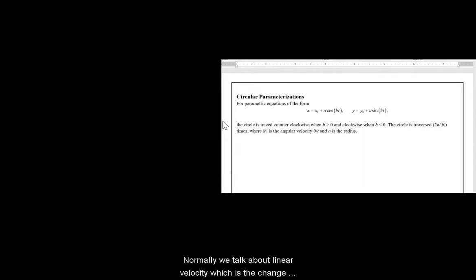Normally, we talk about linear velocity, which is the change of position with respect to time. But when you're moving in a circle, it doesn't make sense to talk about change of position since you're always on the circle. In that sense, we often talk about angular velocity instead. A, of course, represents the radius of the circle. All equations of this form are circles.